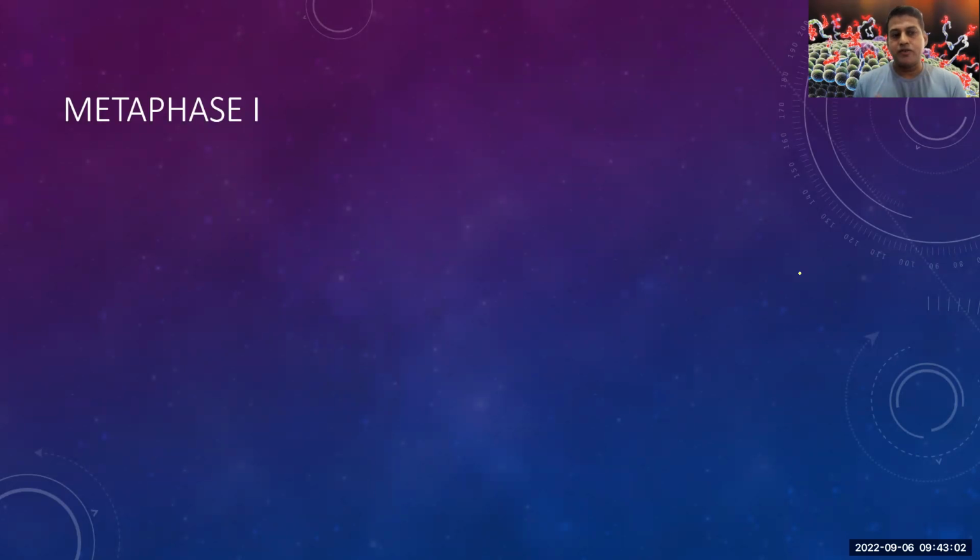And in metaphase 1, another important thing happening for both prophase 1 and metaphase 1 is to make the genetic variation. So, what is genetic variation?